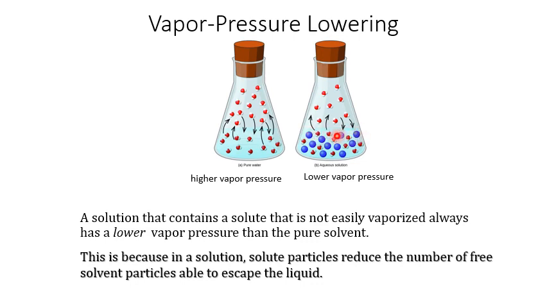That will block the water molecules from vaporizing into the vapor phase. So that will reduce the vapor above that solution compared to the pure solvent, and that will lower the vapor pressure. That is the lowering of vapor pressure in the presence of a non-volatile solute.